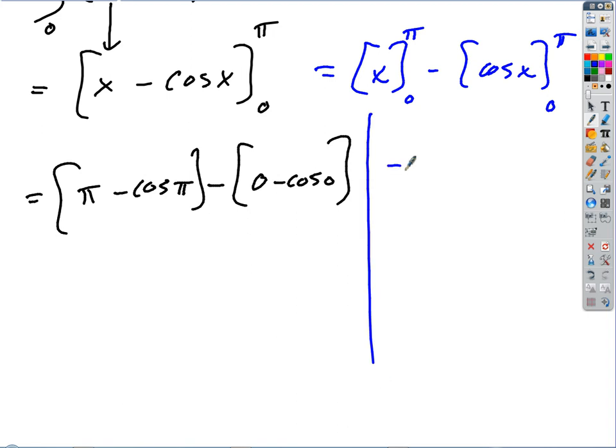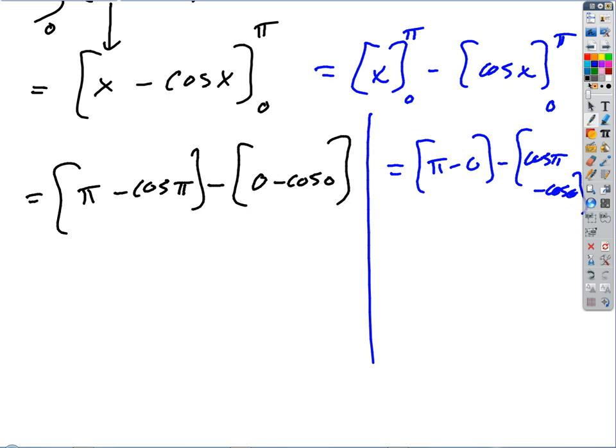If I do it this way, it's just going to look like pi minus 0, minus cosine pi, minus cosine 0. Same math, isn't it? I kind of prefer to do it this way, the blue way. I like to split these up into the individual terms in my answer and evaluate those separately, but it's just a matter of preference.